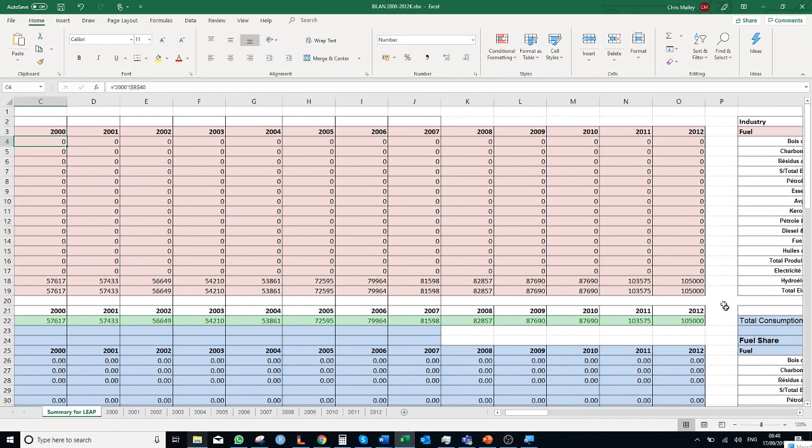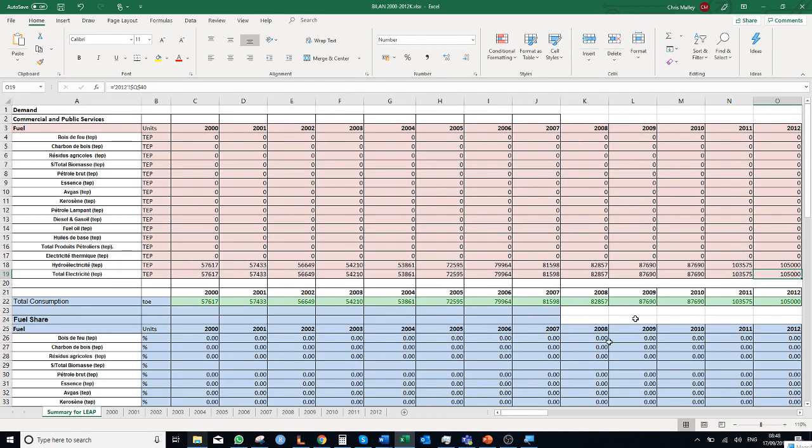So if I look at, say, 2012, in 2012, it is estimated that there is 105,000 tons of oil equivalent of electricity consumed.